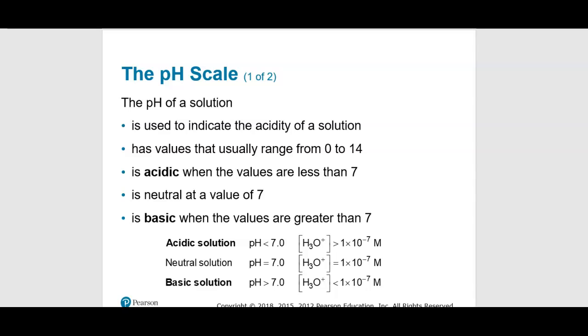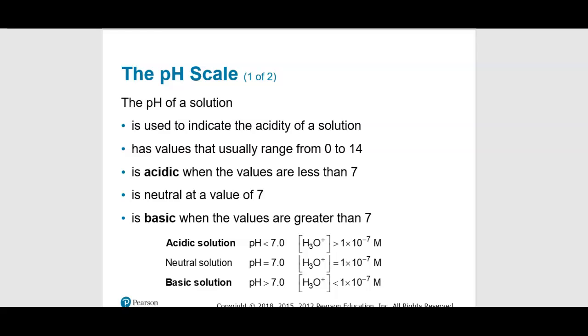You should see something rather interesting about that table. In a neutral solution, the pH is 7. That 7 is also the negative of the exponent on the 1 times 10 to the minus 7.